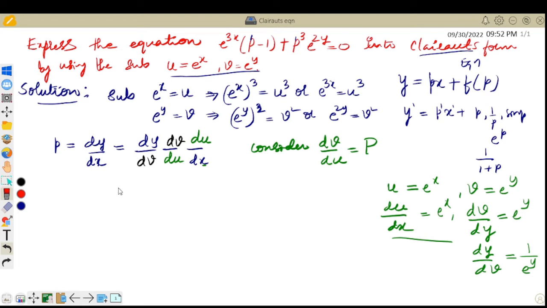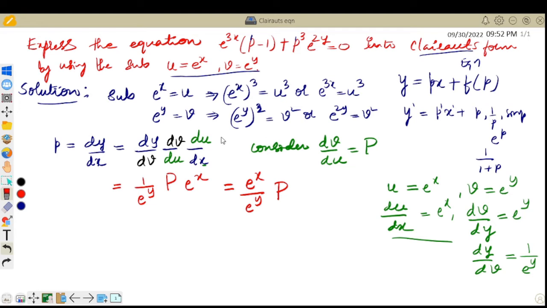What is dy by dv? Dy by dv is 1 by e raised to y, into this value capital P, and du by dx is e raised to x, so it will become e raised to x divided by e raised to y into capital P.